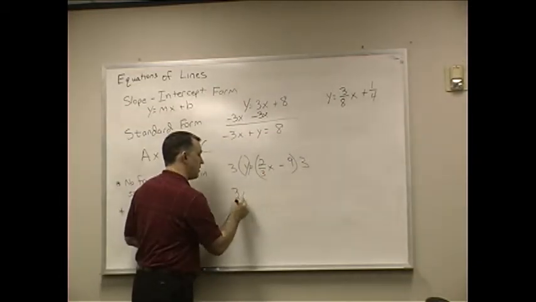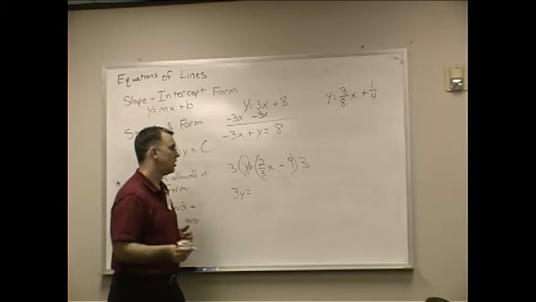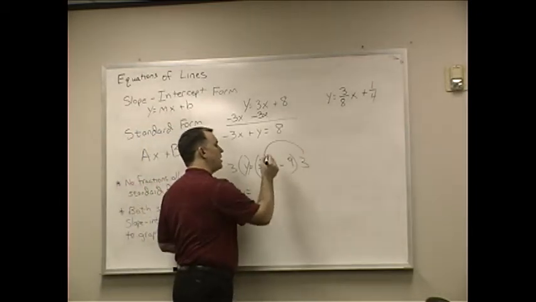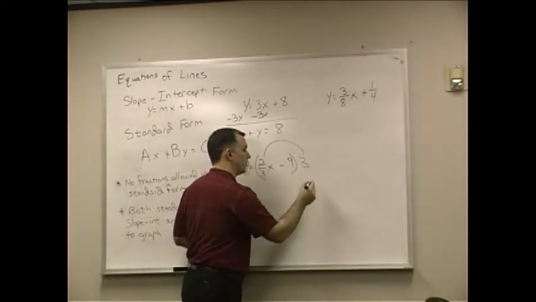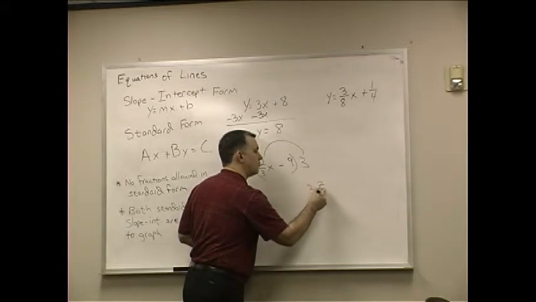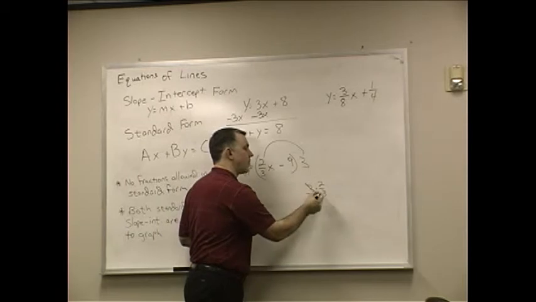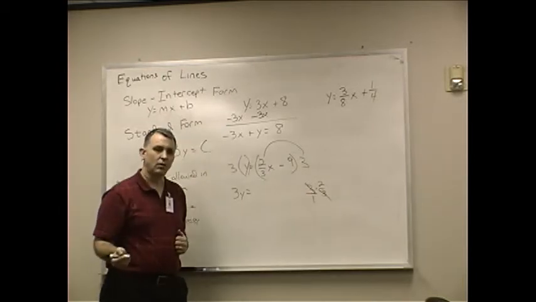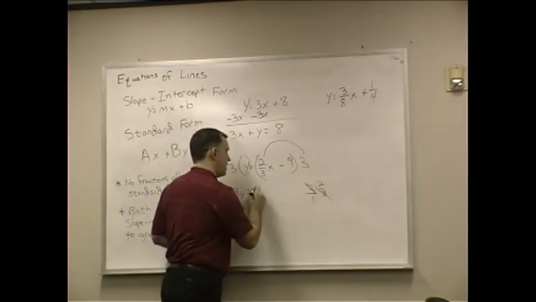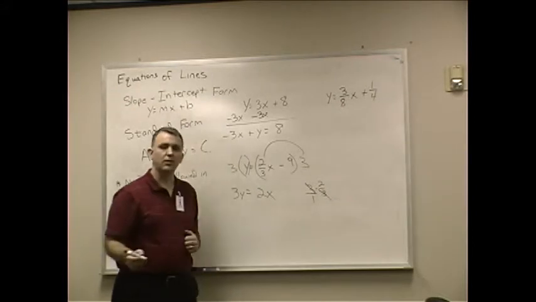So that'll give me 3y equals. Now when I do 3 times 2/3, I put a 1 under the 3, and the 3's end up canceling, don't they? It's going to leave me with 2x there.